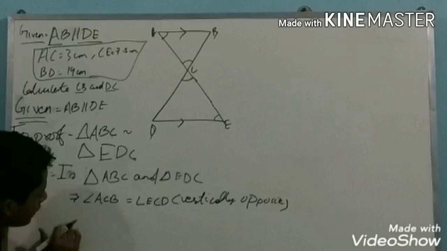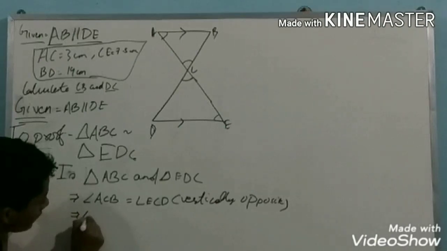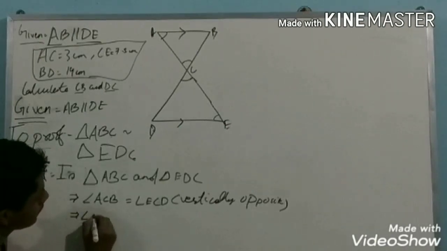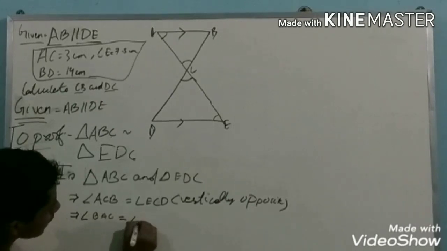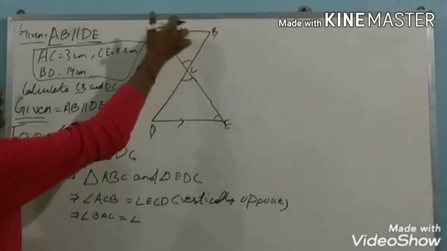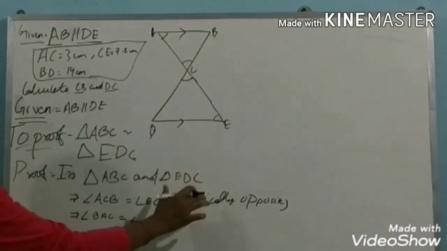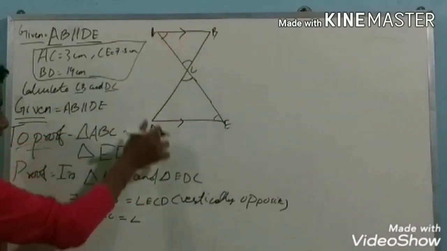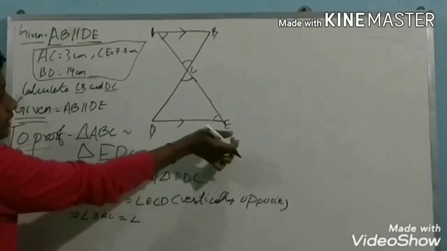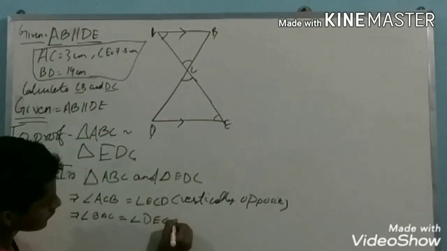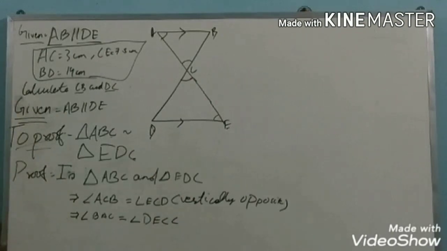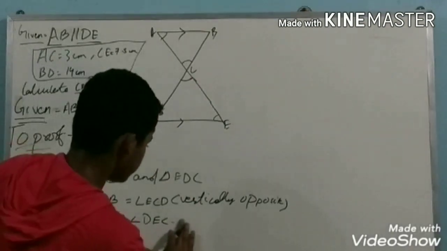So we will write angle BAC is equal to angle DEC. Why are they equal? Alternate interior angles.